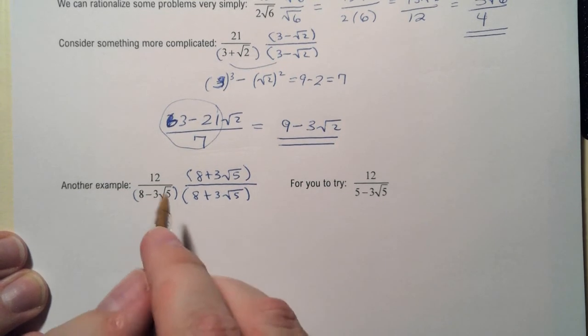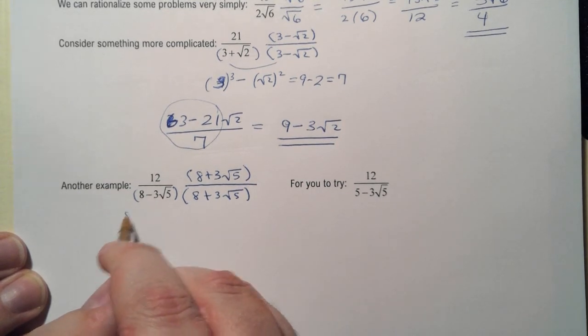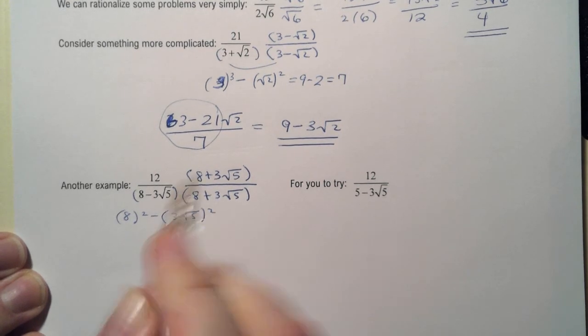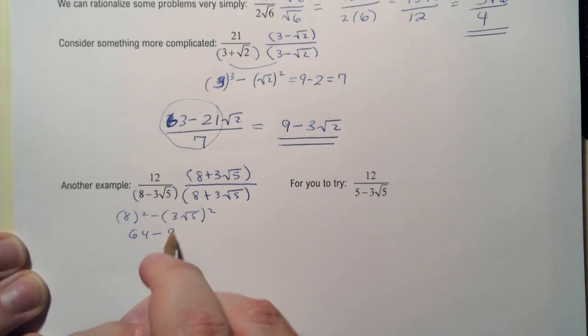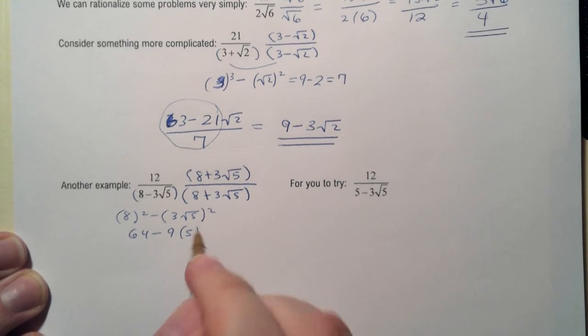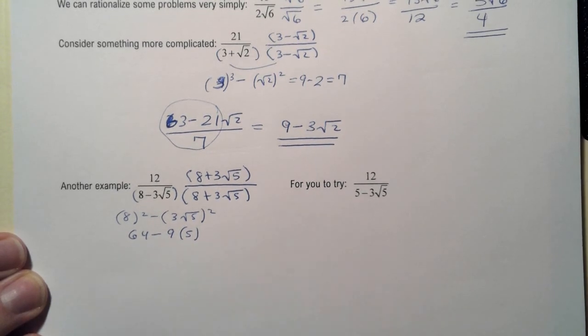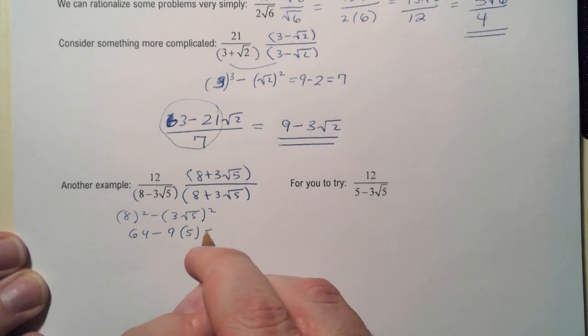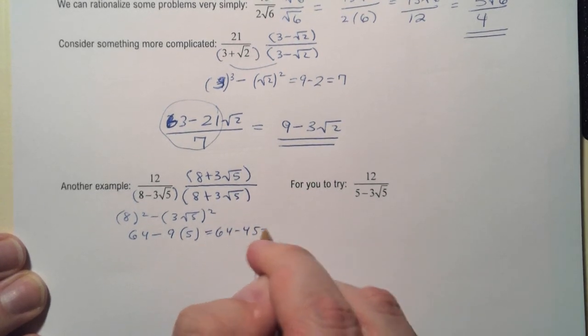What does that give me? Downstairs I have 8 squared minus 3 times the square root of 5 squared, or 64 minus 9 times 5, which is 64 minus 45, or 19.